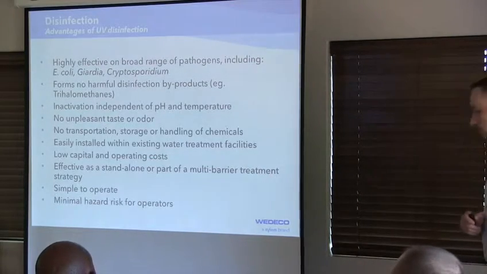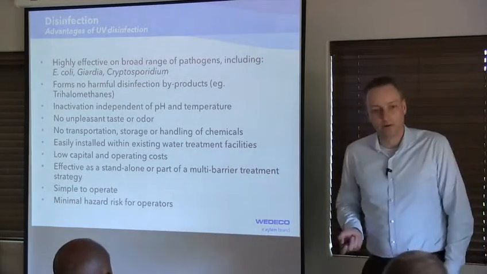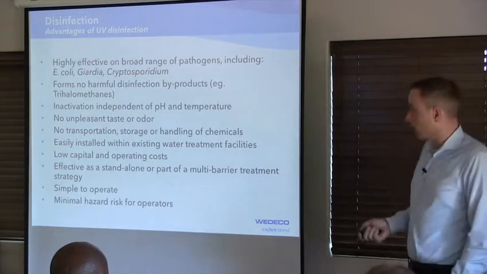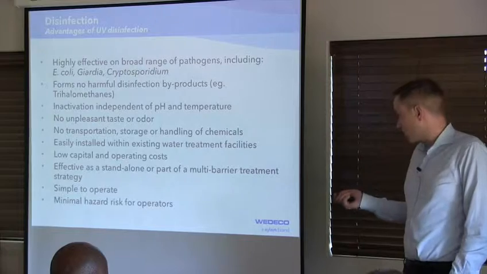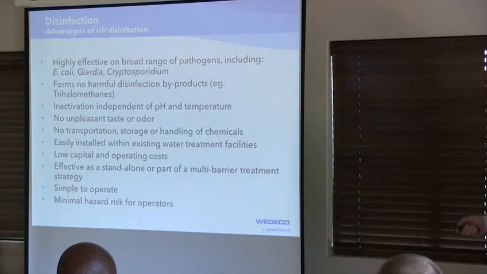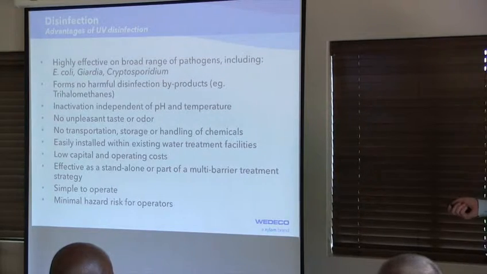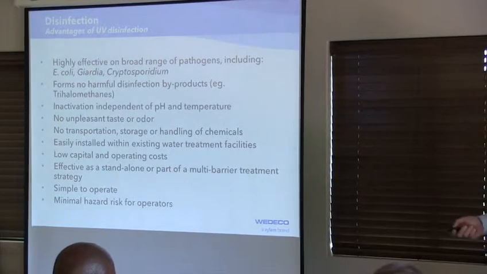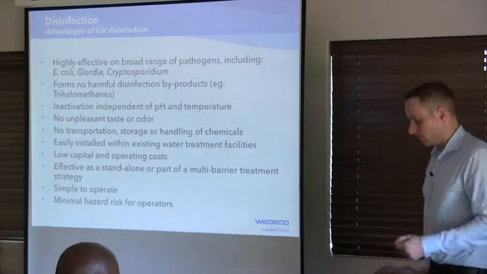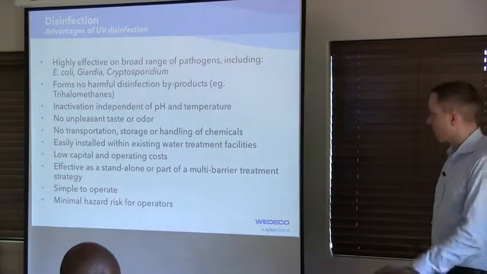The one thing that is a nice selling argument is it's cheap. UV is very cheap when it comes to operational costs. The capital costs are also low compared to an ozone system or to build a real chlorine facility.